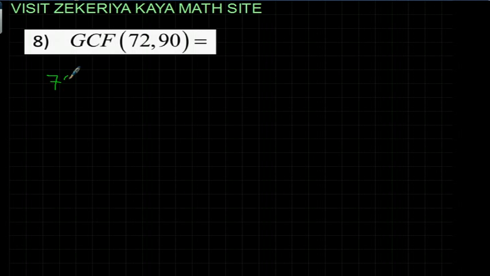Remember that 72 and 90, you write them. If you divide both, you sign it. If you don't, you don't sign it.